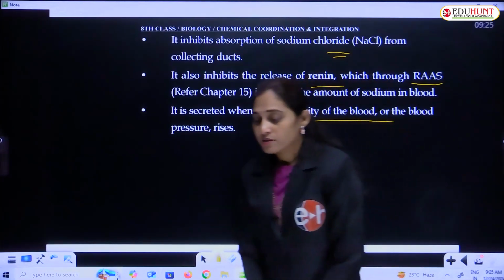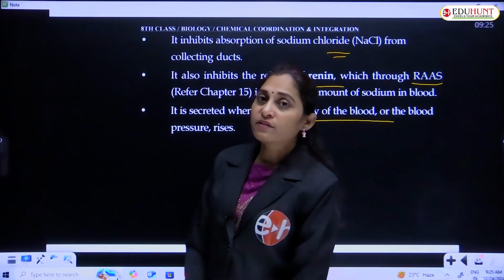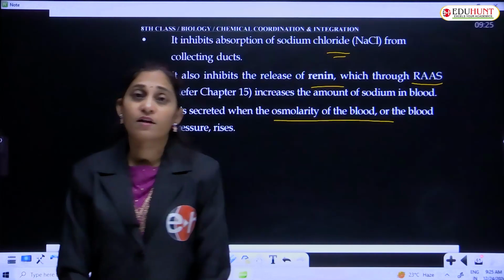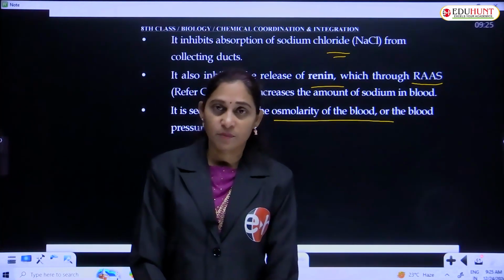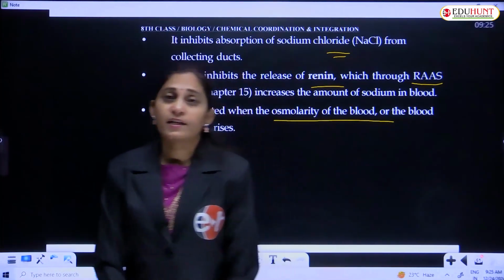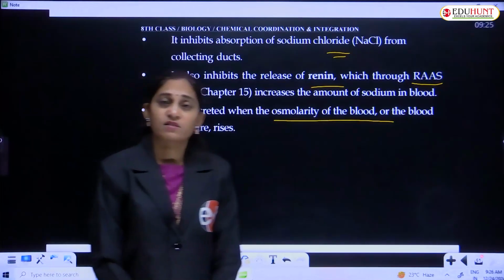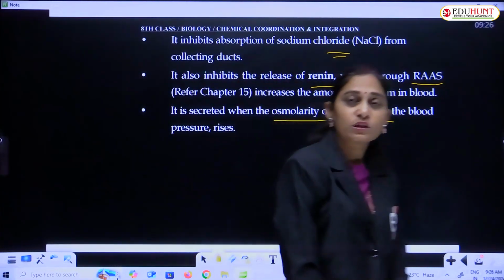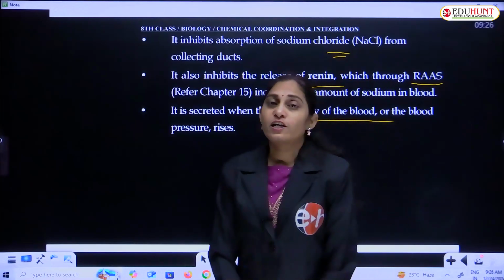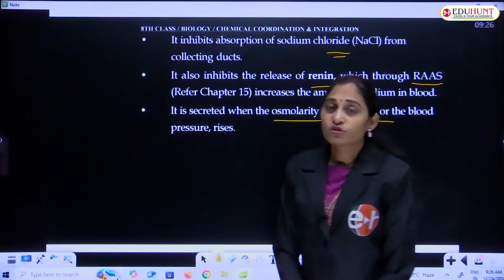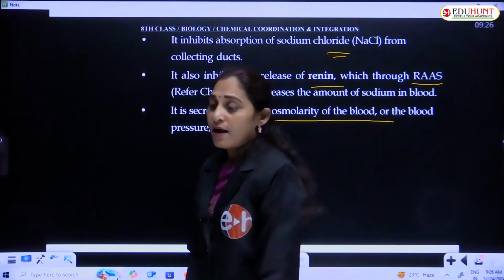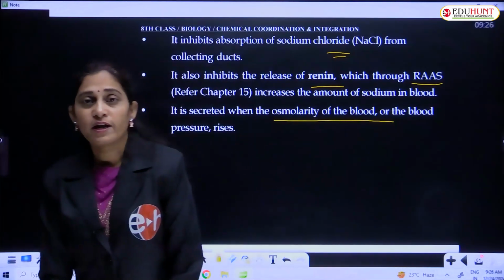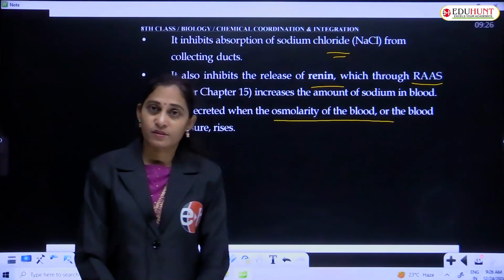Endocrine glands are such glands which secrete non-nutritive chemicals, and these pass through the blood circulation and reach the target organ and function there.